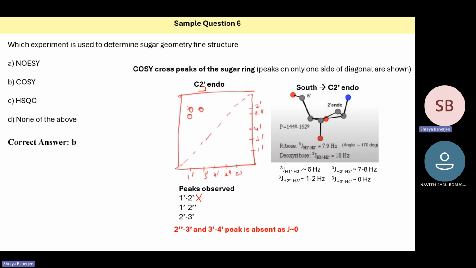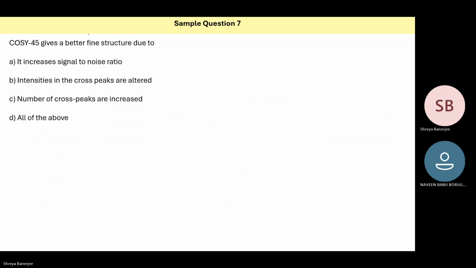So this peak we will not see, but all other peaks you will see: 1 prime, 2 double prime, 3 prime with both, and then 3 prime, 4 prime also you will see. So you will see 4 peaks. So if you see 4 peaks in COSY, that means it is the C3 prime endo. So using COSY, you can find out the sugar geometry fine structure.